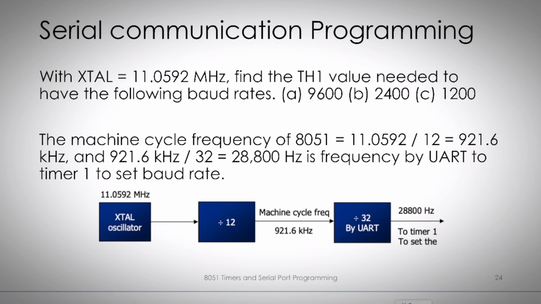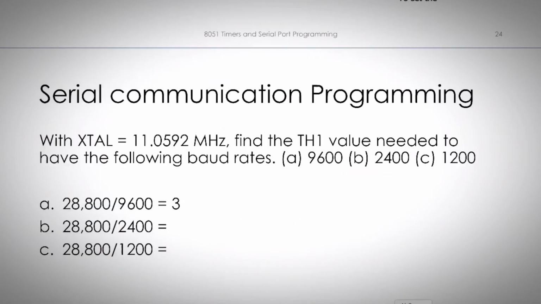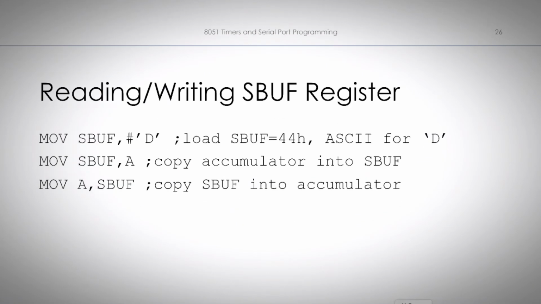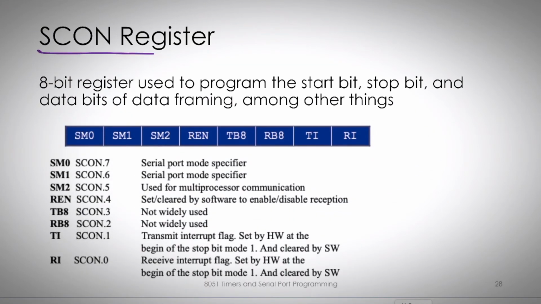Okay, so when you talk about 8051 serial communication, there are a few registers associated with the serial communication. One is the SBUF register, the serial buffer register, and the second one is the SCON register, the serial control register.